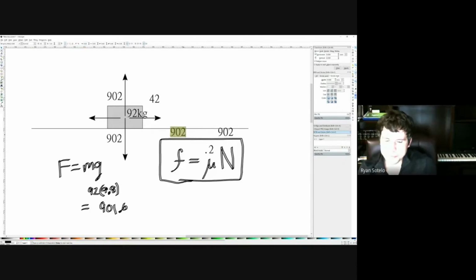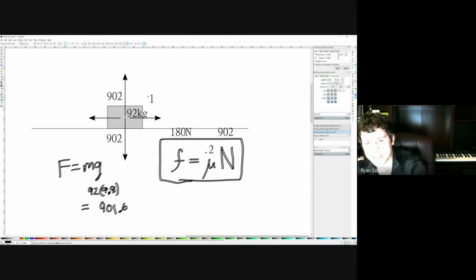Okay, thank you. 180. I'll just leave it at 180 newtons. So we would need to push it 180 newtons in order to balance the 180 newtons. That is the kinetic friction.